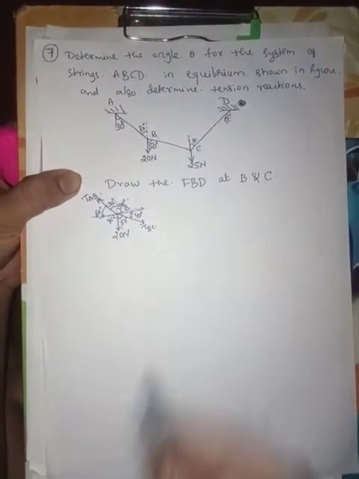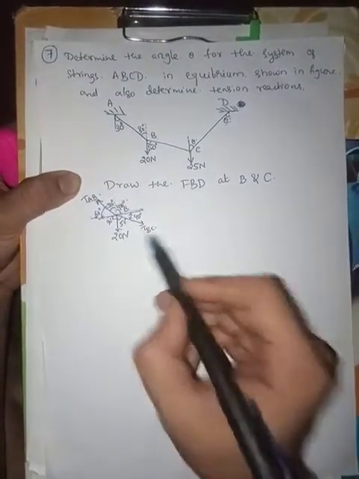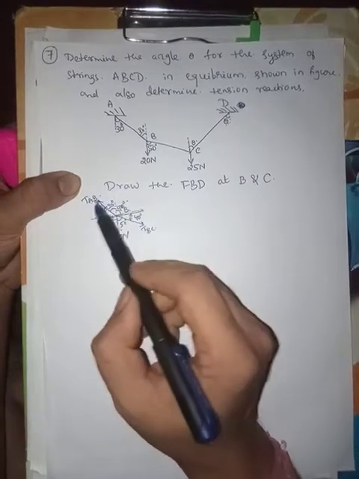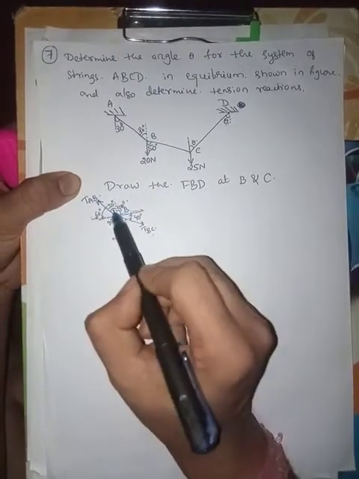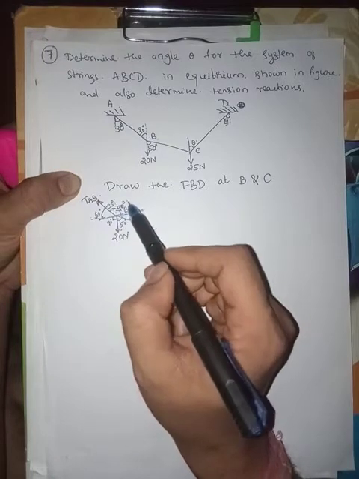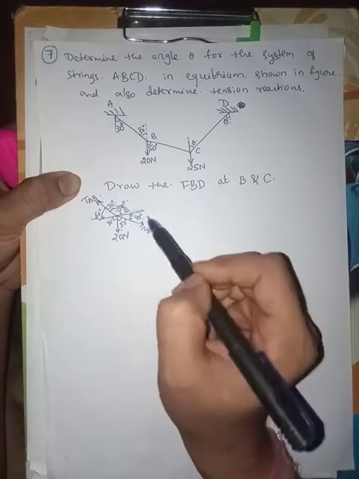Now what is the angle between the tension TAB and TBC? It is 30 plus the quadrant which is perpendicular, 90, and this one 40.